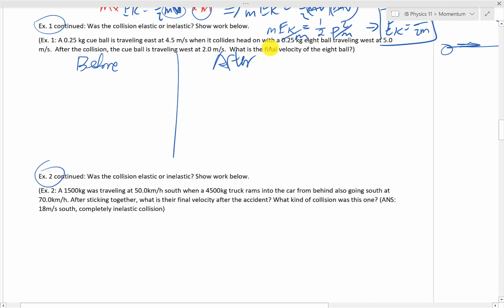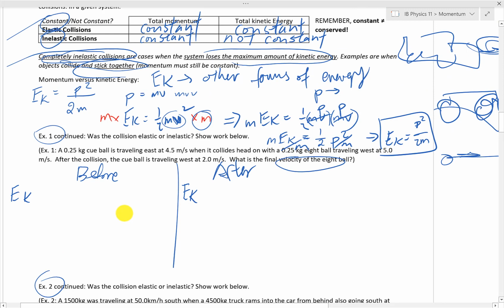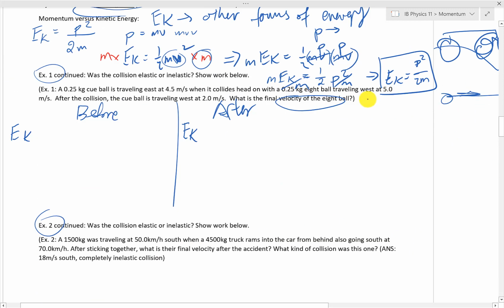And I'm going to calculate the kinetic energy of all my objects before the collision and all of the kinetic energies of my objects after the collision. Okay, so if we go back to the first example, I just want to write down the final velocity of our second mass, our 8 ball. And that was 1.5, not rounded, so V2 is 1.5 meters per second.